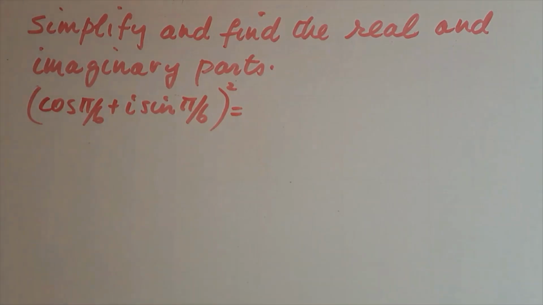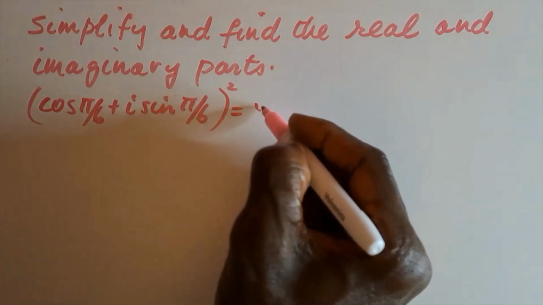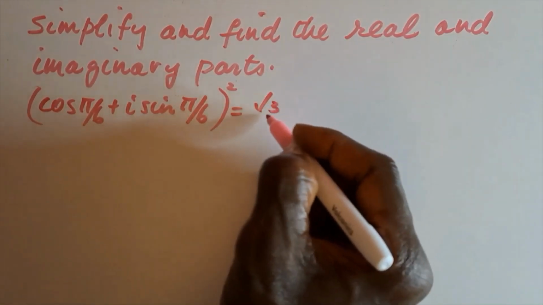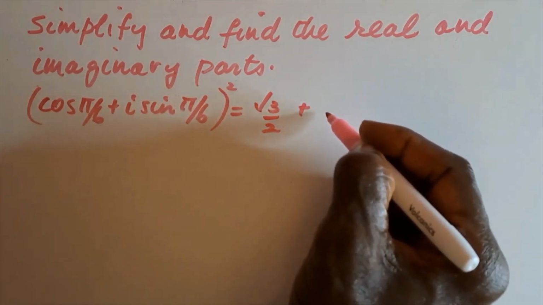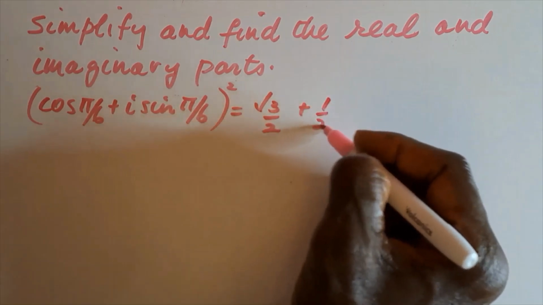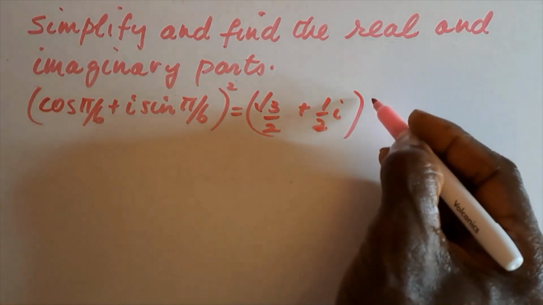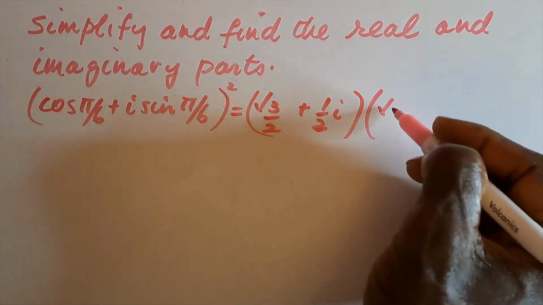Here's another trig ratio complex number. So again, we use a calculator to find out what cosine pi over 6 is. It's root 3 over 2. And sine pi over 6 is a half. So this is simplified as this times itself.